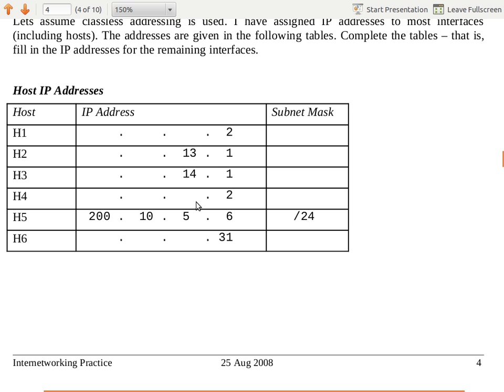So there's the IP address for H1, because it's on the same subnet as A1, and therefore the same network portion, the same first 28 bits. And the last 4 bits are different. And convert that back to dotted decimal. So you have the answer for H1.